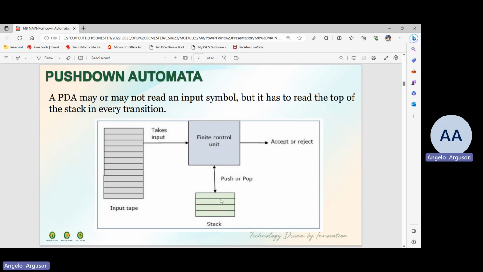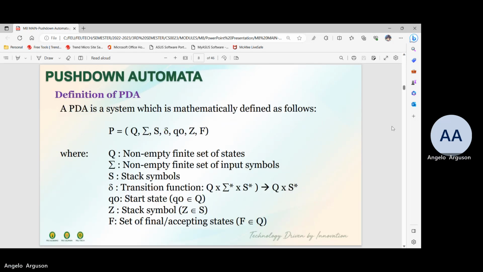Next, we have the stack that has push and pop operations. The stack is a structure in which we can push and remove items from one end only. It has an infinite size. In PDA, the stack is used to store the items temporarily. And then finally, the output is to decide whether to accept or reject a language.